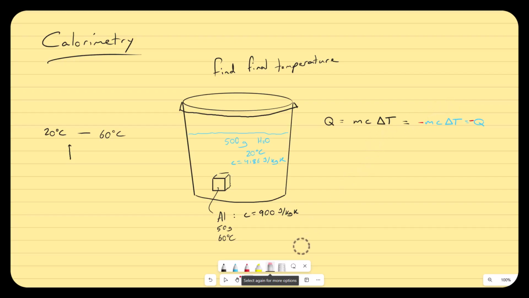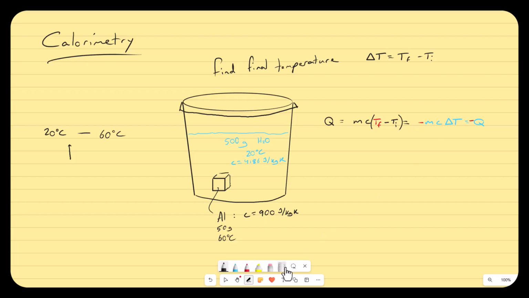Now these temperature changes, those are where we are going to do this problem. The temperature change for the cube, we know temperature change is always going to be a T final minus a T initial. T final is what we're looking for, minus T initial.